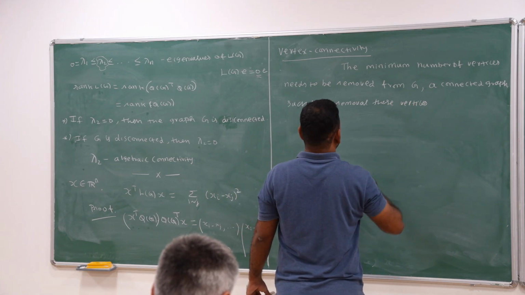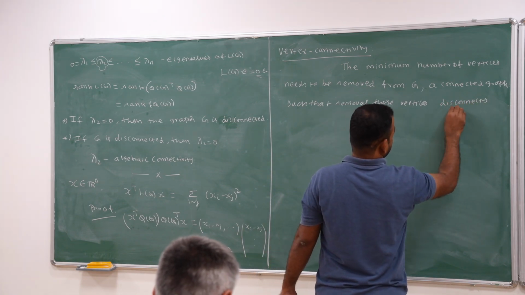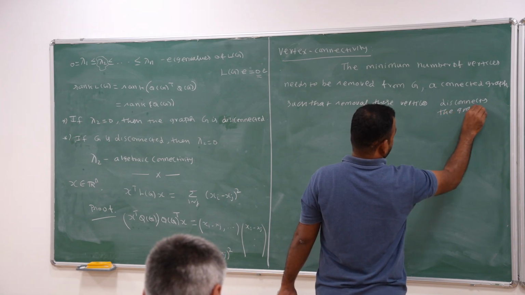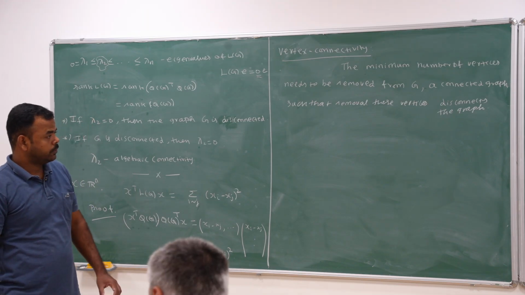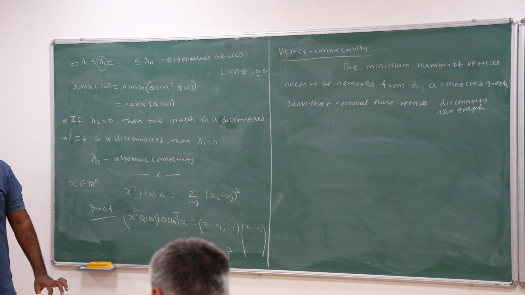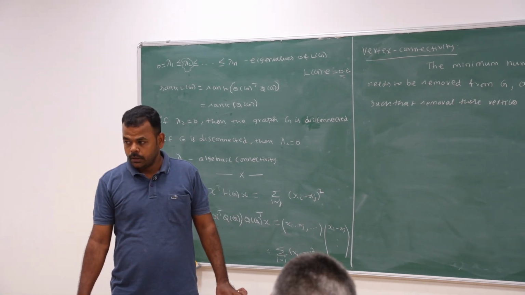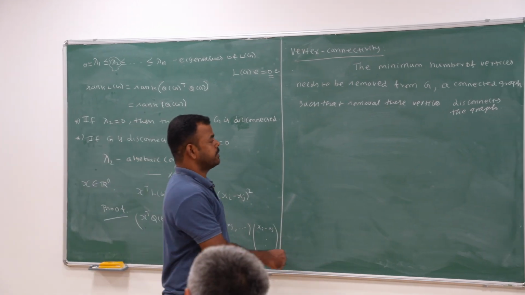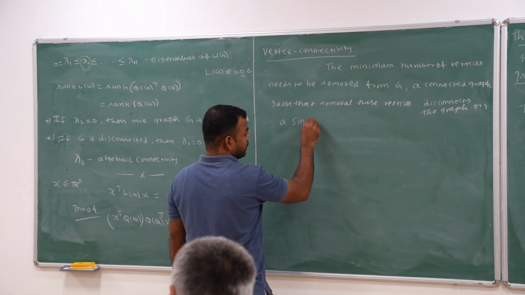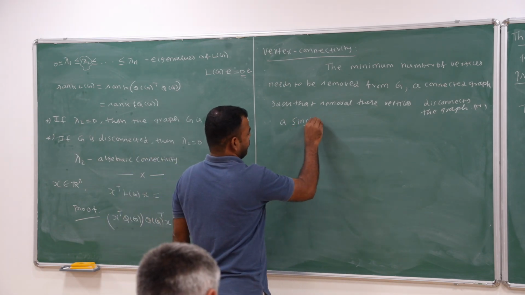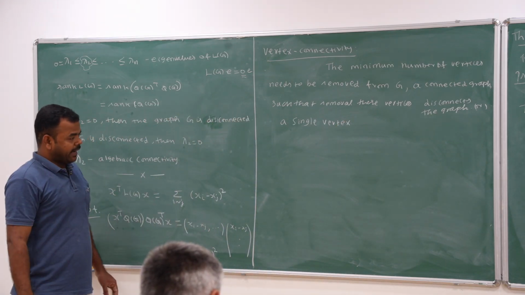For a complete graph, we'll have an issue; what are you going to define? That I will discuss. Trivial means no edge, so either a disconnected graph or a single vertex. So the vertex connectivity of Kn is n minus 1.